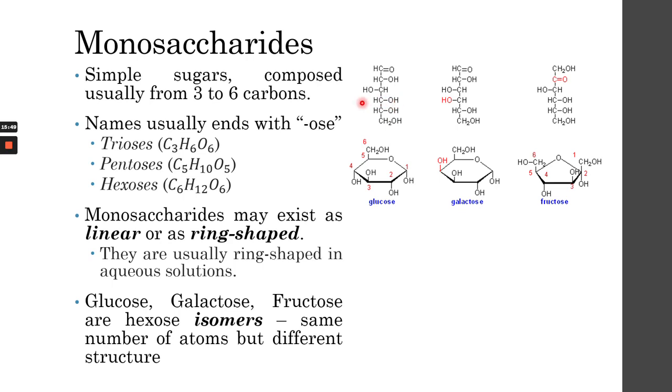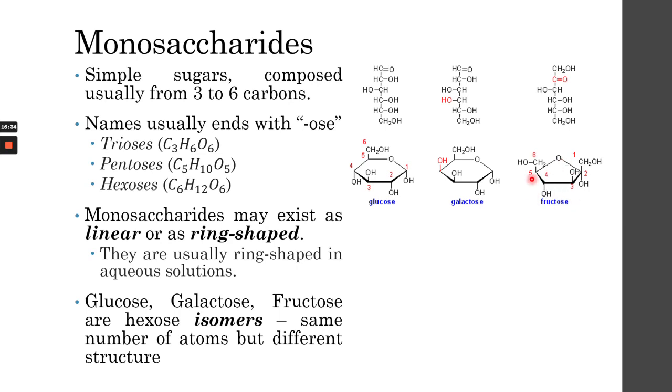That simple change is enough to change the structure, and therefore making it a different molecule already. We're not going to go deep into that, but it's just changing the position of where the OH is. You can see here the OH is on top, but the OH at the fourth carbon is below. The rest is the same, but just that difference in OH changes this structure from glucose to galactose.